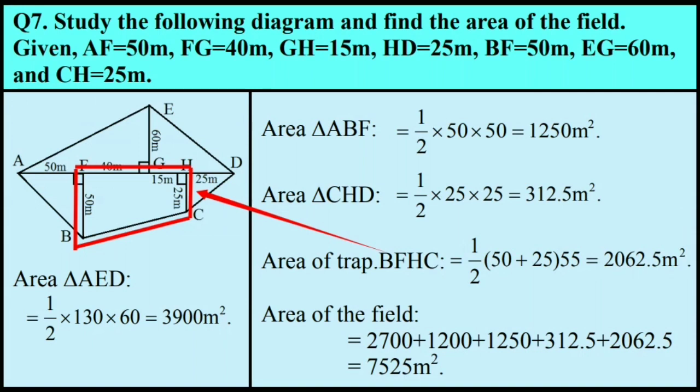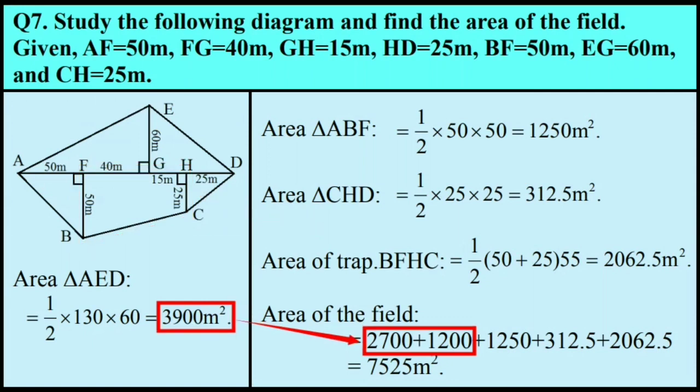Finally, area of the complete field is area of the triangle AED, that is 3900 meters square. Here the value I have written in two parts, 2700 plus 1200.